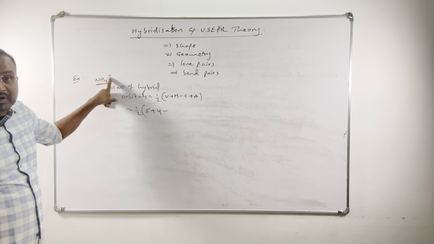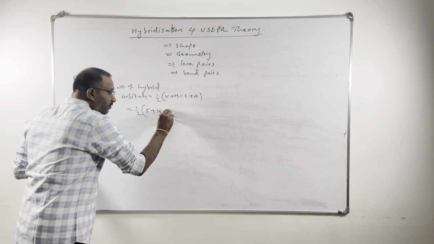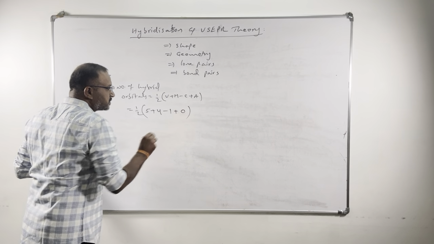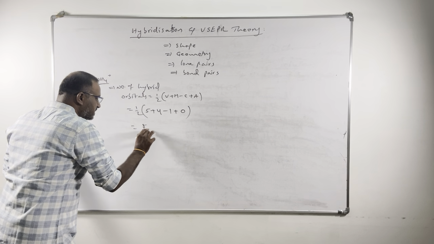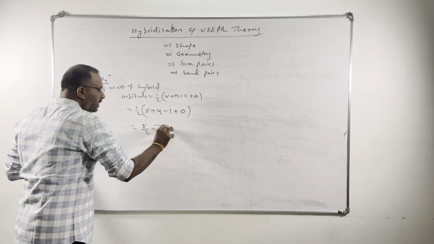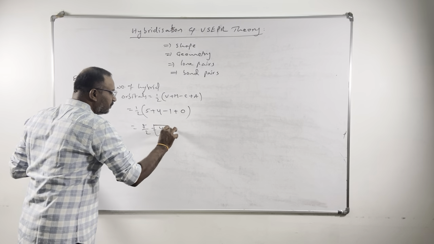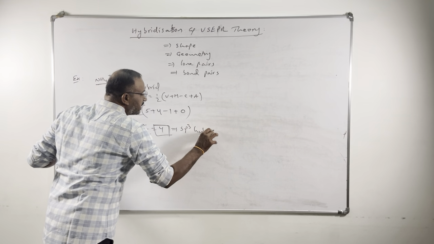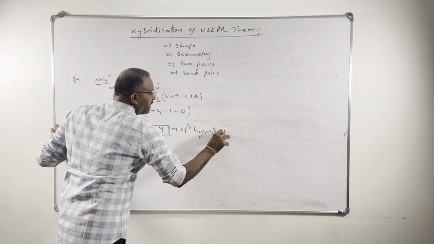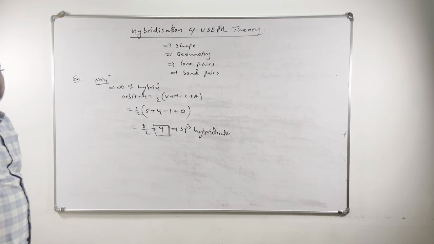Minus, it has a positive charge, meaning 1, and no negative charge, so 0. So 4 minus 1 is 3, plus 5 is 8. 8 by 2 equals 4. Here we are getting the value 4. 4 means the hybridization will be sp3 hybridization.